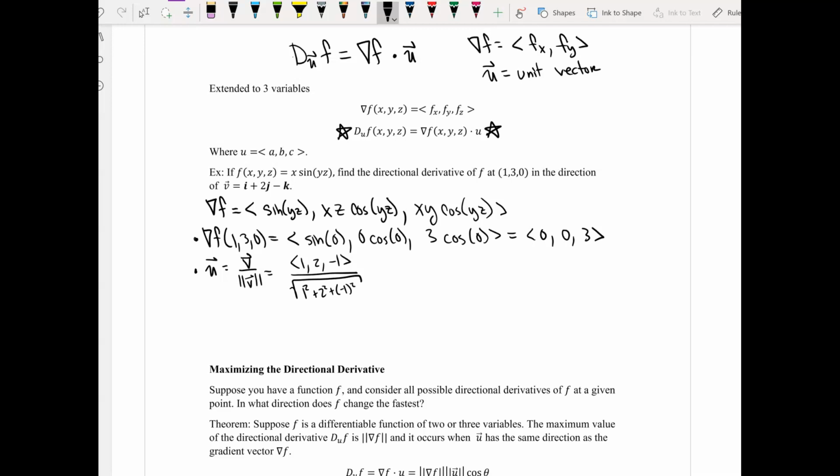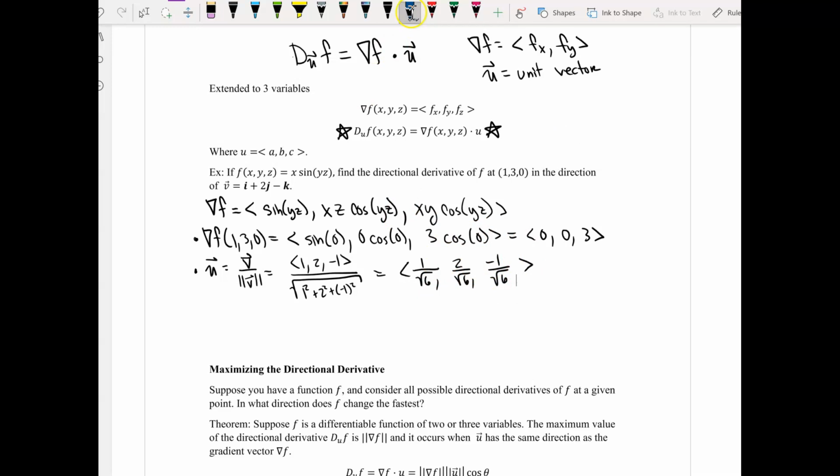On the bottom, you're just going to get 4 plus 1 plus 1, that's the square root of 6. So you're going to get 1 over square root of 6, 2 over square root of 6, and -1 over square root of 6. This will be my unit vector.